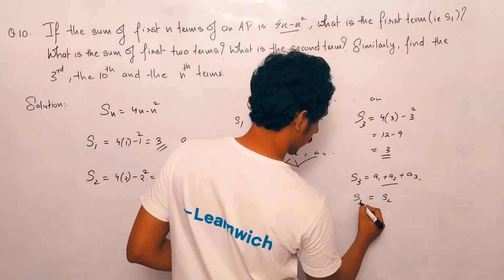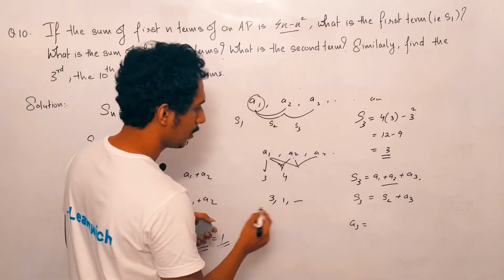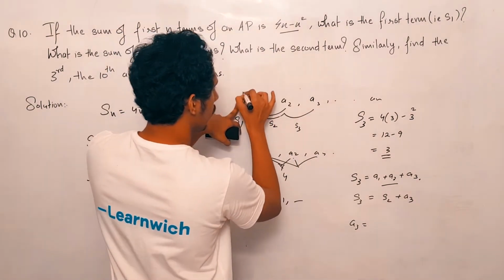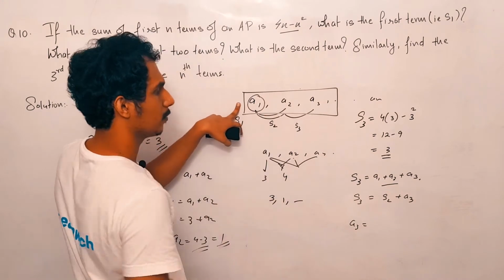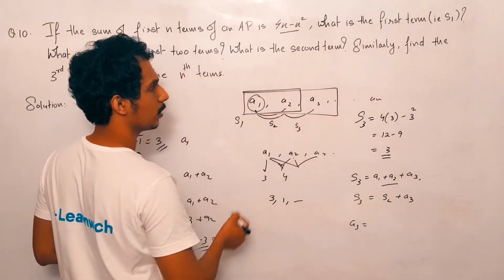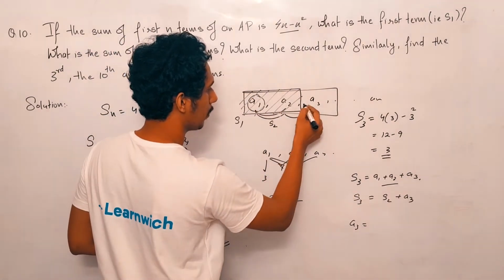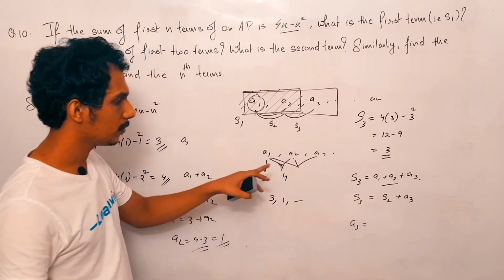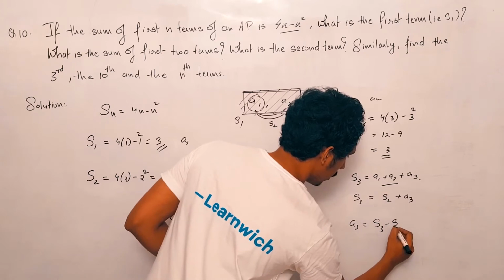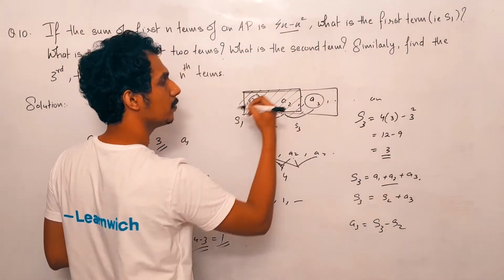It's S2. So S3 equals S2 plus A3. It's very simple to understand. If you want to find A3, the first three terms is the sum, and if you subtract the first two terms, when this is removed, you get A3. So A3 is equal to S3 minus S2. Sum of three terms minus sum of two terms will give you A3.